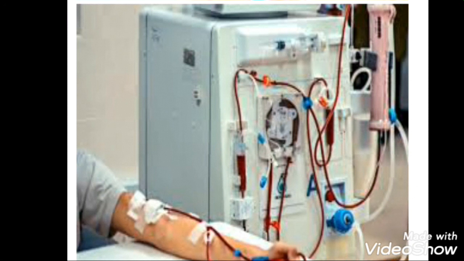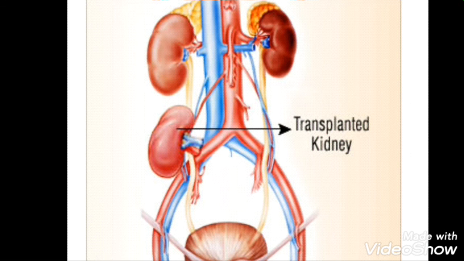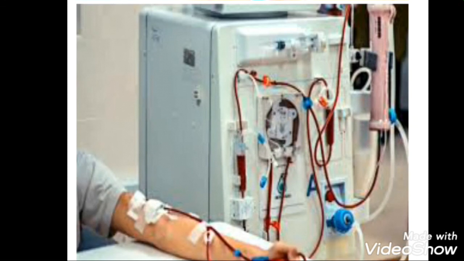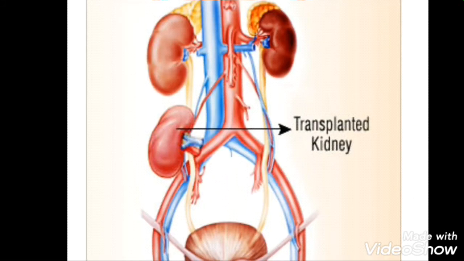The patient is said to be put on dialysis, and the process of purifying blood by an artificial kidney is called hemodialysis. When renal failure can't be treated by drugs, meaning medicine, or dialysis, the patients are advised kidney transplantation.